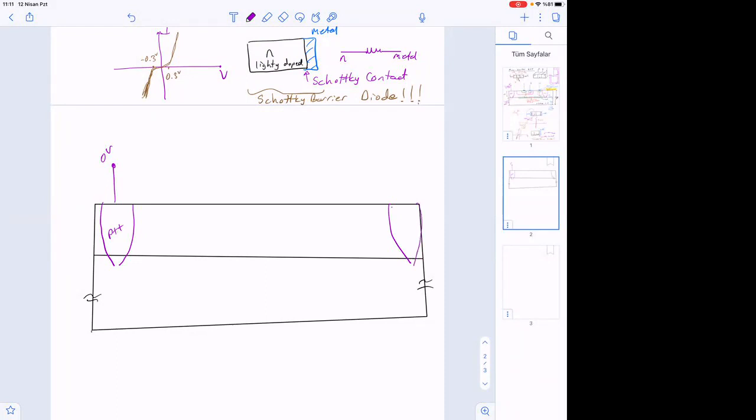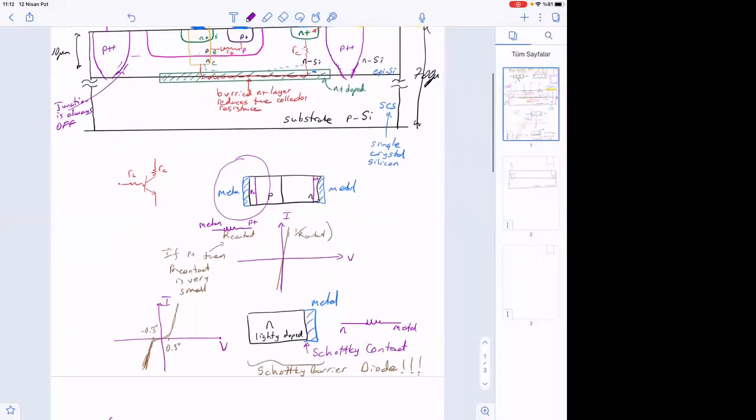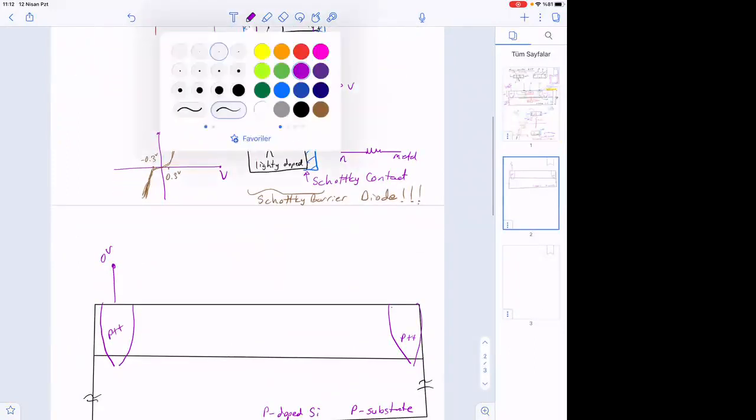So we do doping here, P++, and this is P substrate. So P doped substrate. I mean, that means P doped silicon. And that's also lightly doped. And then, what was the color that we selected here? I guess we selected this color.